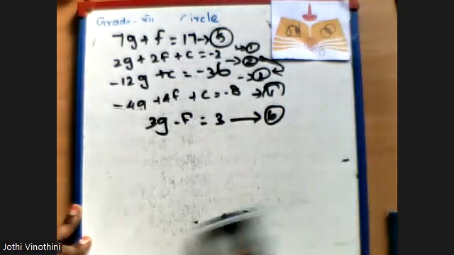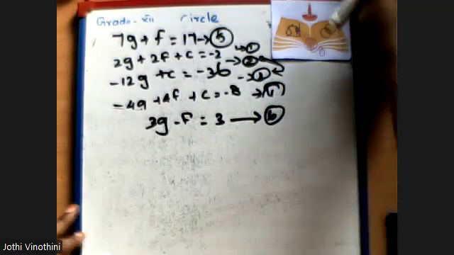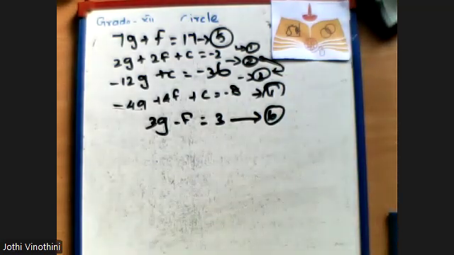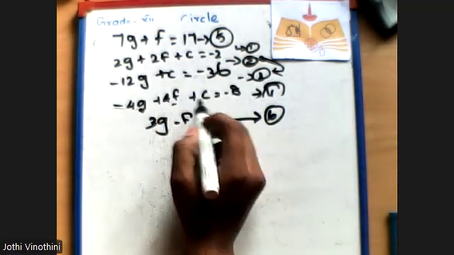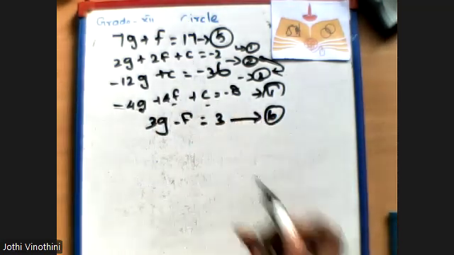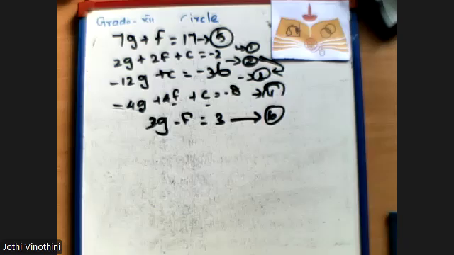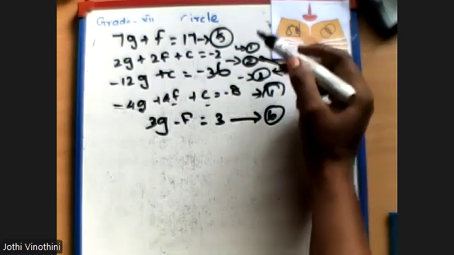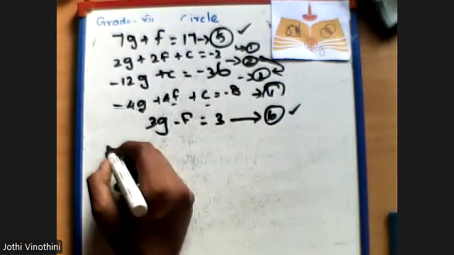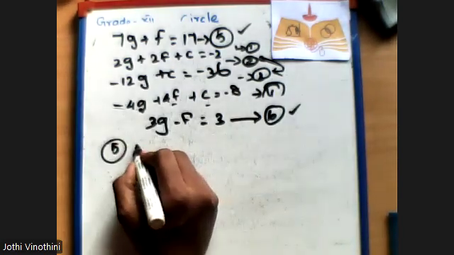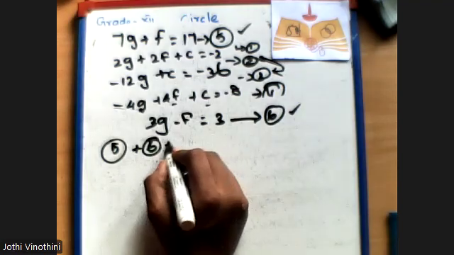Fine. Okay. So for what purpose are we doing so many equations? We are going to find the value of g, f and c so that we can proceed. You can easily get the value of f and g by solving this and this. I'm just going to add equation 5 plus equation 6.